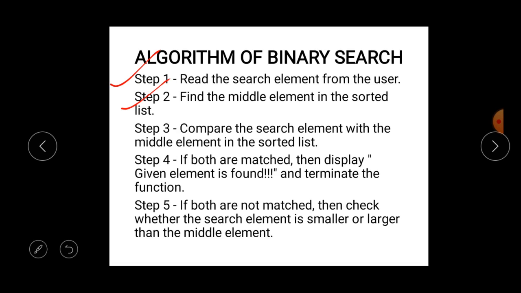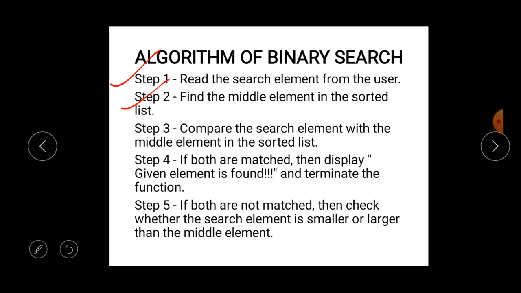Now in the second step you will have to find the middle element of the sorted list. The lowest index is 0 and the highest index depends upon the length of the array, and you will have to find the middle element, and then compare the middle element to the element that you have to search.